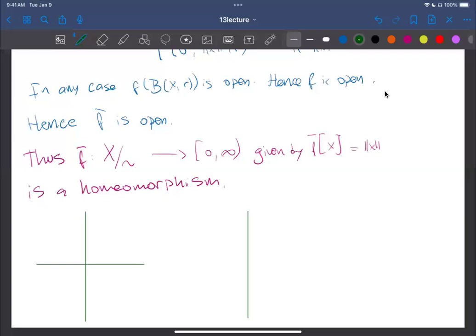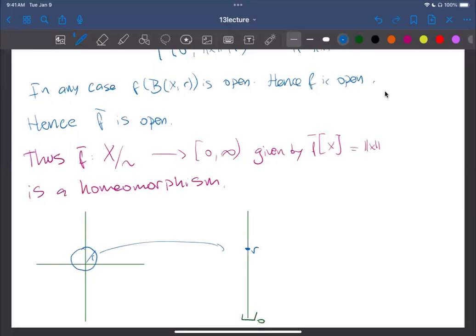So we have a function f that at each circle, so if this is a circle of radius r, then the function is taking that entire circle to r. Any point in that circle is going to land in r. And of course, I'm only going to take non-negative values. So I'm going to start at 0 and go to r.